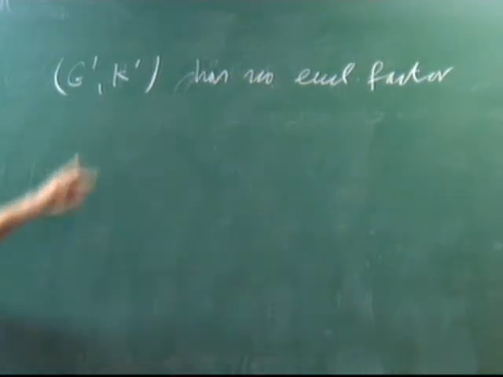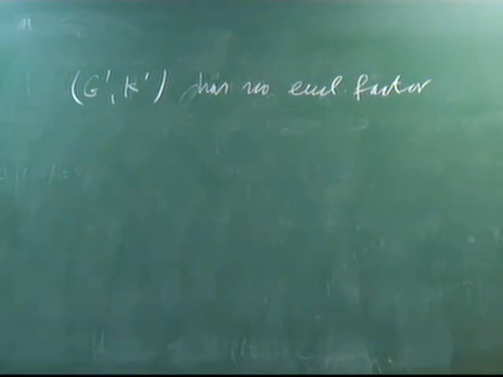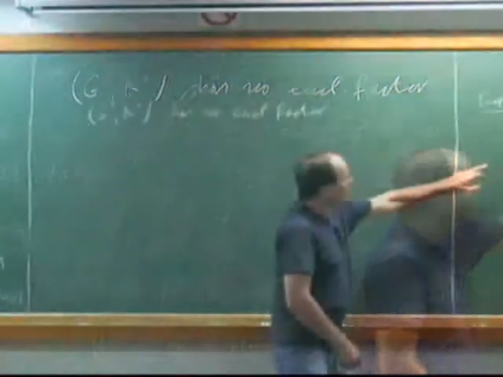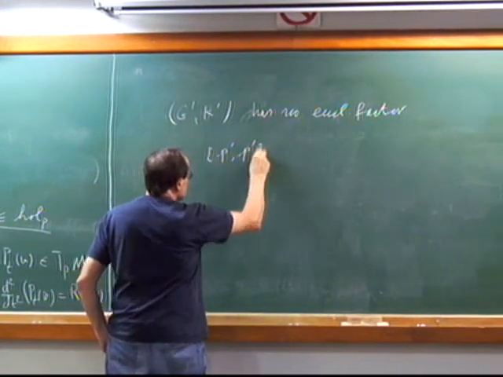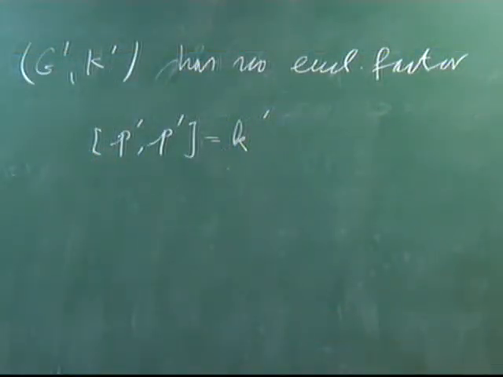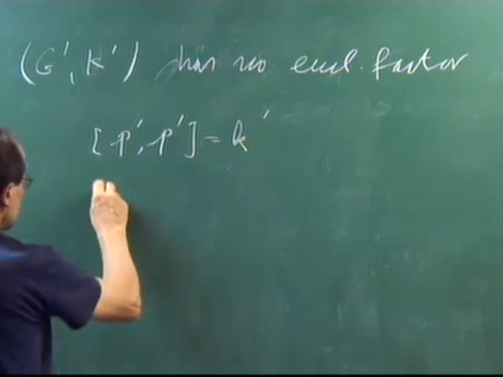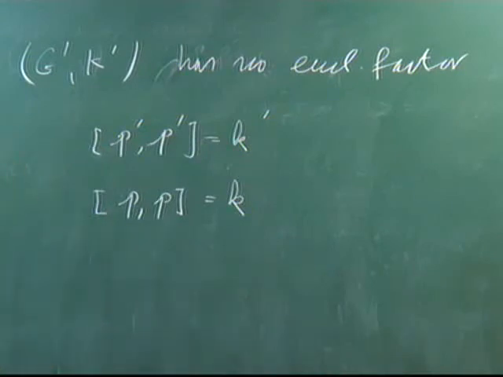The manifold is the same; I just represent it in two different ways. So this also has nothing flat splitting off. That means I can apply part A also to P prime. Well, I also know that [P, P] is equal to K, because that was a symmetric pair. So what does that mean?